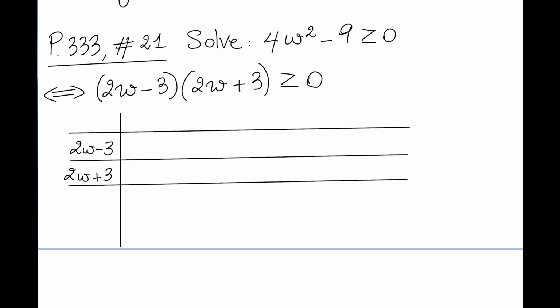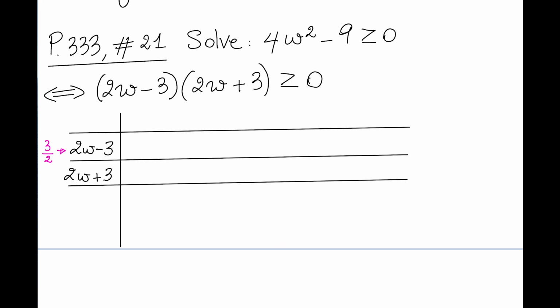And what are the critical points in this context? Well, the first factor, 2w minus 3, is 0 when w is equal to 3 over 2. So I'm going to record this in pink right next to it. So when w is 3 over 2, this guy is 0.